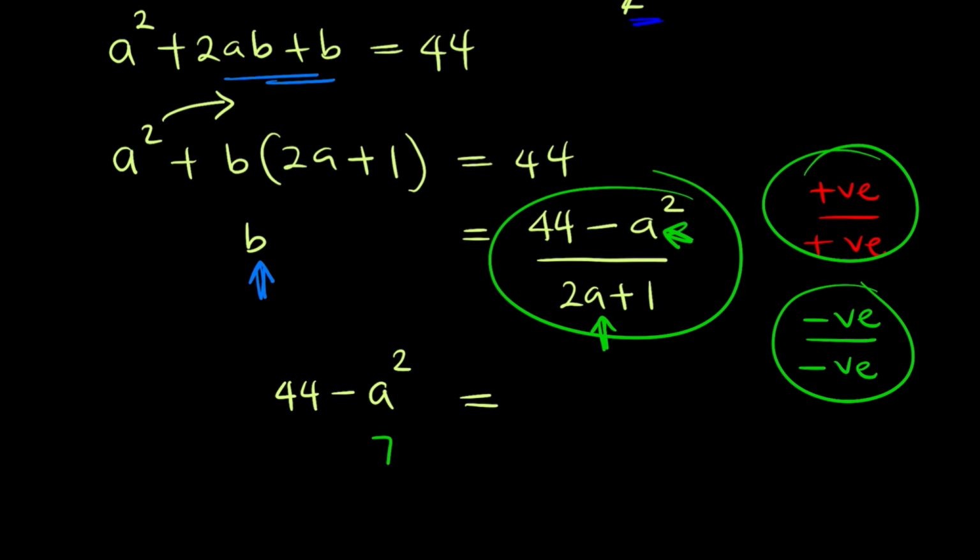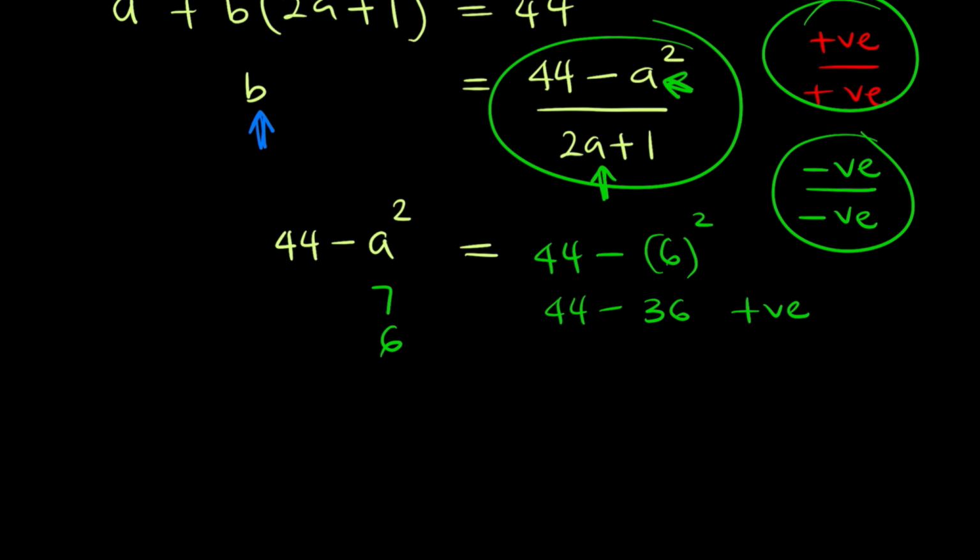We don't want that. Let us try 6. If you put 6 here, you get 44 minus 6 squared, which is 36, and 44 minus 36 is definitely positive. So 6 could be a value, and that's the highest value that a can have.